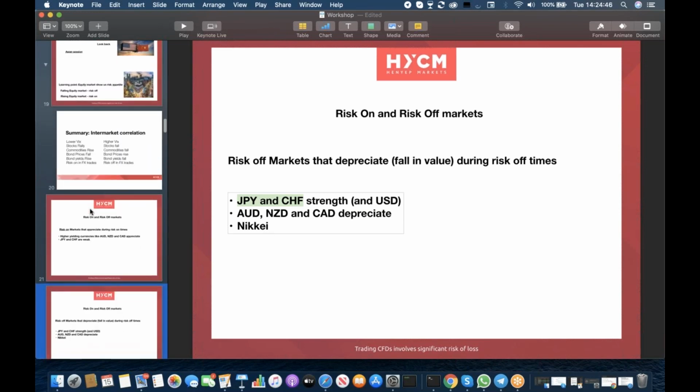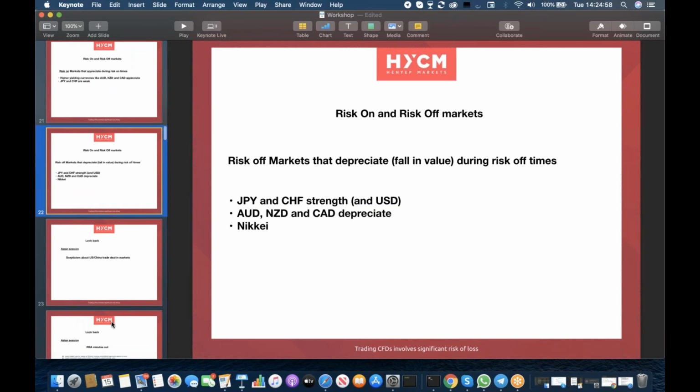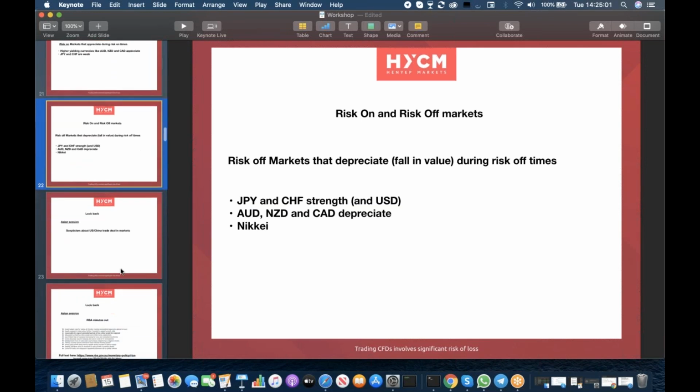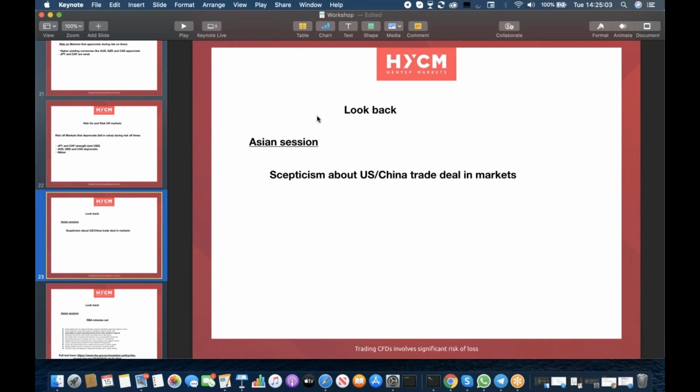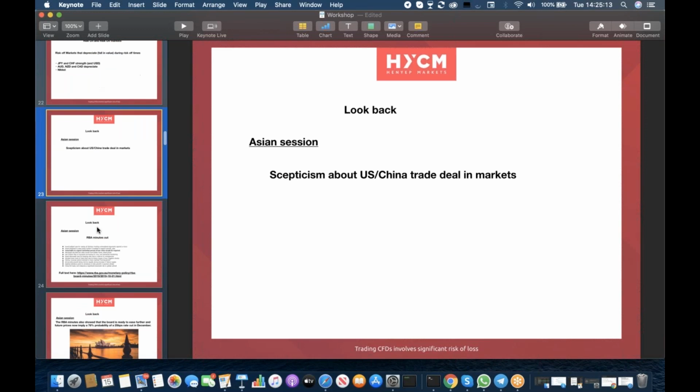That's really helpful. That's why FX traders are concerned about what's happening in equity markets, because it gives currency traders a heads up on a number of different currencies. So in the Asian session this morning, I was looking back at what's been going on overnight, and the thing that was going on was skepticism about a US-China trade deal, which weighed on equity markets.